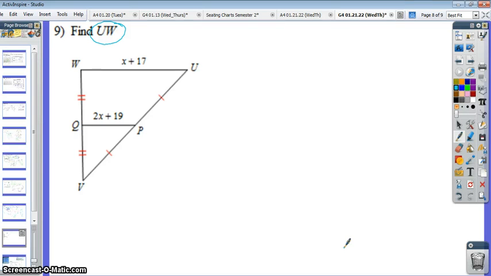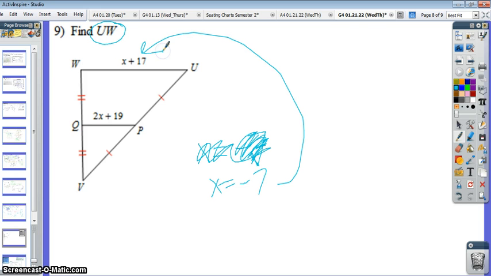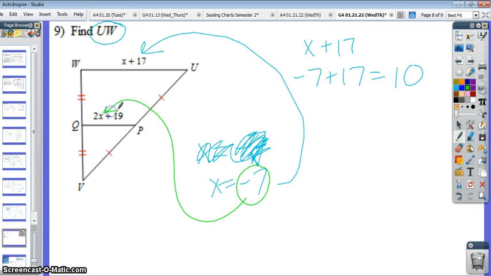Okay, welcome back. For this one, you should have gotten that x equals -7. If we were finding UW, -7 plus 17 should give us 10. And a good thing to do to check your work is say, okay, well, does this also work for the midsegment?